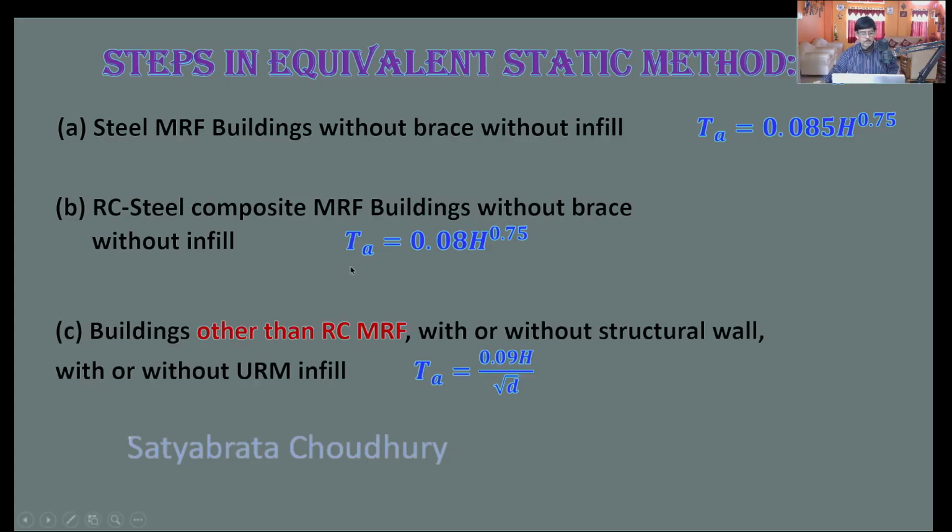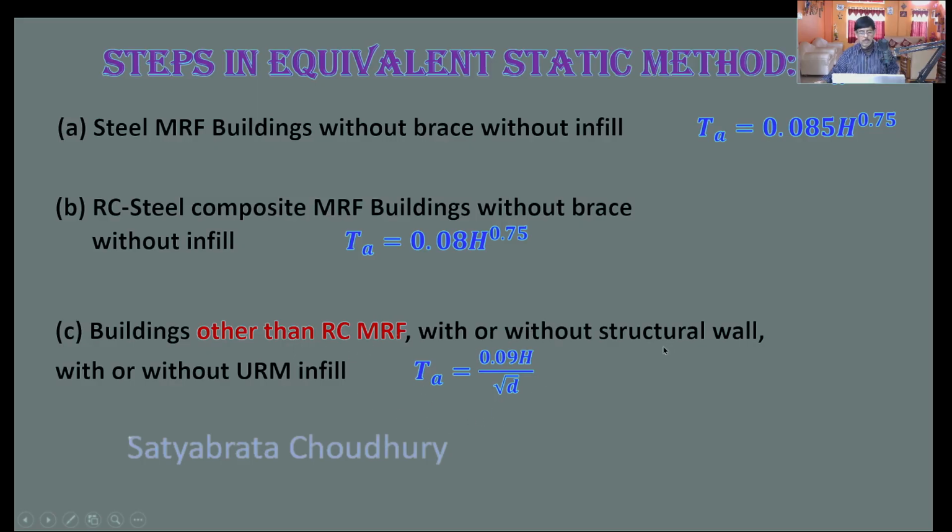Third case, other buildings other than the RC MRF discussed above, which may have structural wall or may not have, which may have the infill. URM means unreinforced masonry infill. So other buildings than those discussed in cases A and B can have structural shear wall, and can also have URM infill.